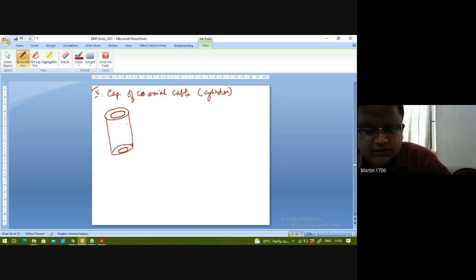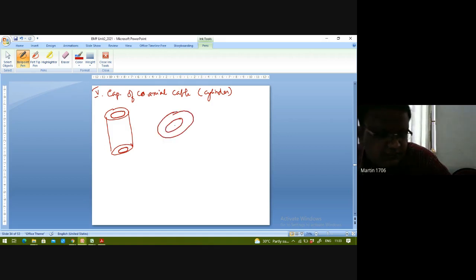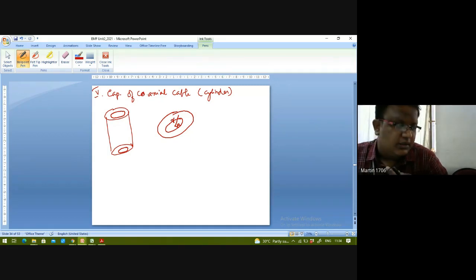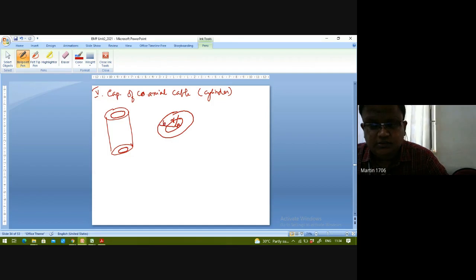Here also, I will draw one portion so that I can give the notation of the radius. The inner radius is A, the mid of this is R, and the outer radius is B. Then what is the capacitance?